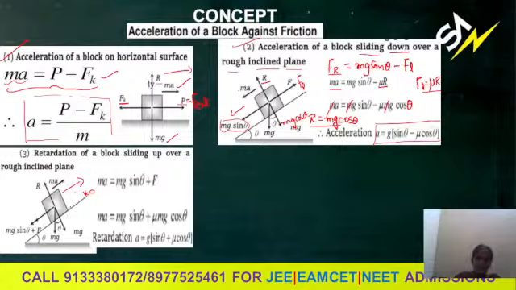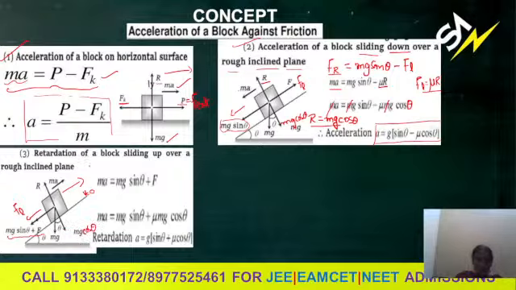To oppose this motion, in this direction maximum or limiting friction will act. In that direction there is also the mg sin theta component. So the total force down the plane is mg sin theta plus FL, and the reaction force is perpendicular to the surface of contact, and this will be mg cos theta.